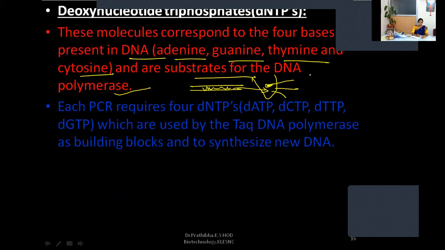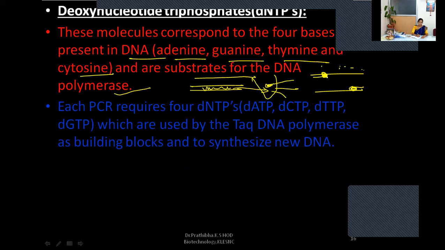If the single strands and primers attach over there, then the Taq DNA polymerase also attaches. For this Taq DNA polymerase enzyme, individual nucleotides are the substrate. If individual nucleotides are not provided in the in vitro condition, as this is a cell-free technique, we need to provide everything.